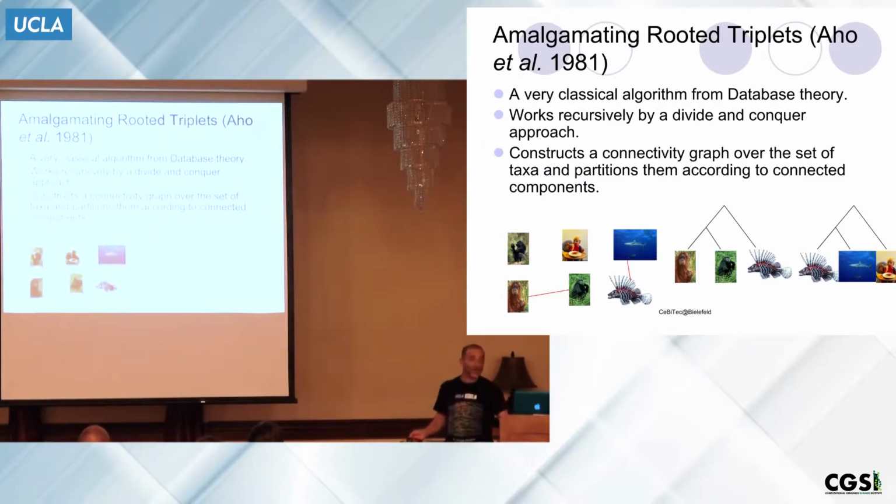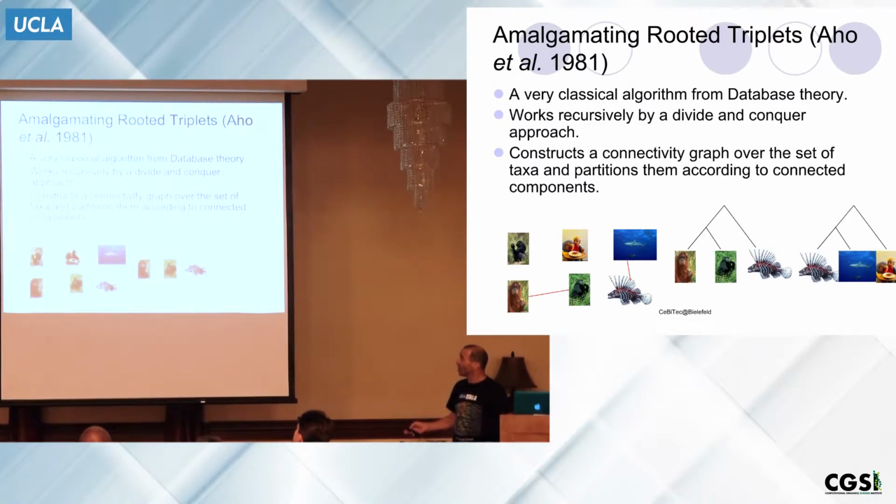So these are the guys. Now we are constructing the connectivity graph over our set of taxa. We have these rooted triplets, so we draw an edge between these two guys. These two are sisters.